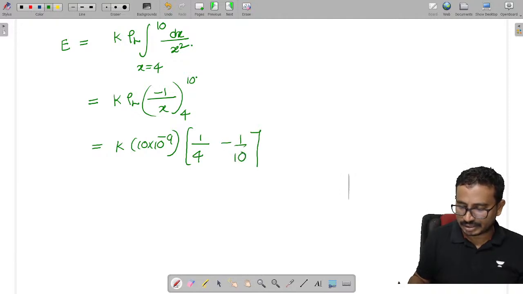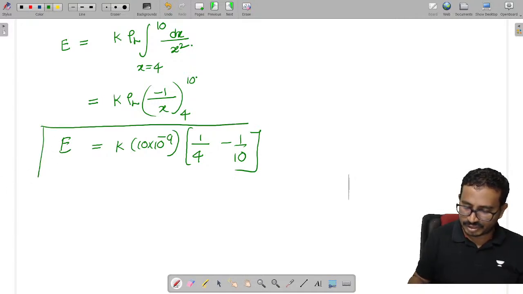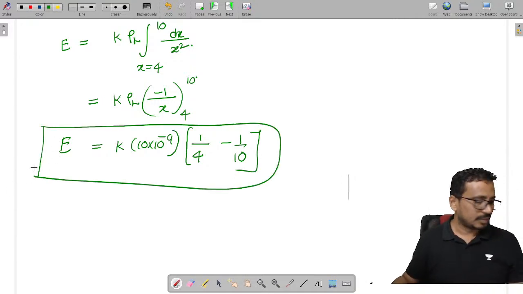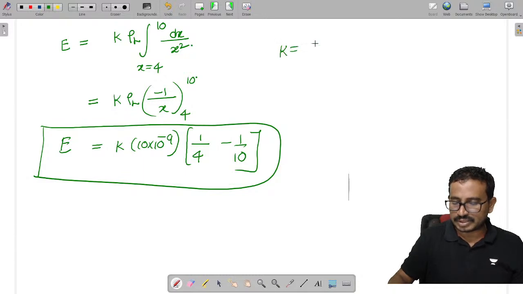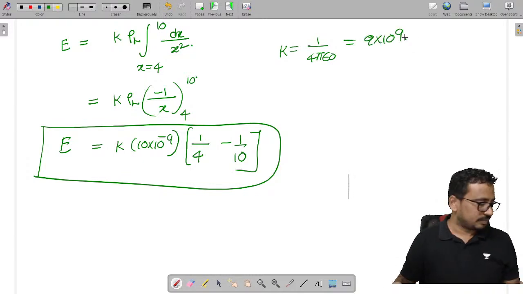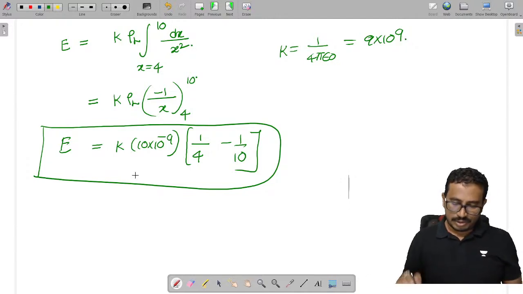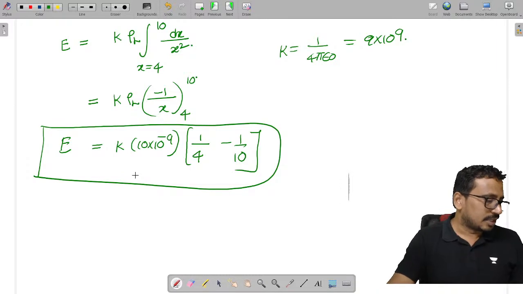The minus cancels, and this is my electric field. Do simplify and get the answer. Where k is 1 by 4 pi epsilon naught, which is 9 into 10 power 9. So now substitute the values and you can get it.